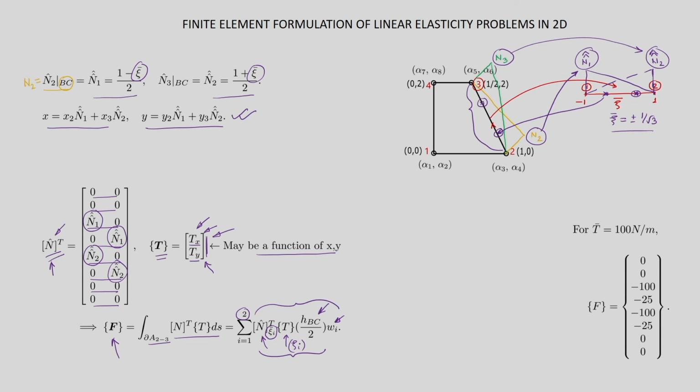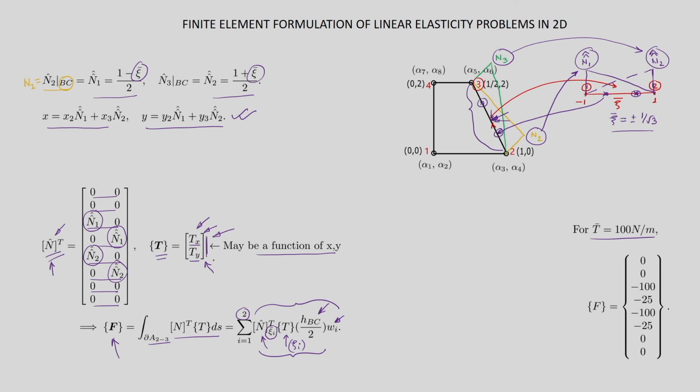Now since we are using one element, our element force vector will be of size 8 by 1. For t equal to 100 Newton, as shown in the problem definition, t is acting normal to the edge. So we can find the components along x and y, because all the dimensions are provided.